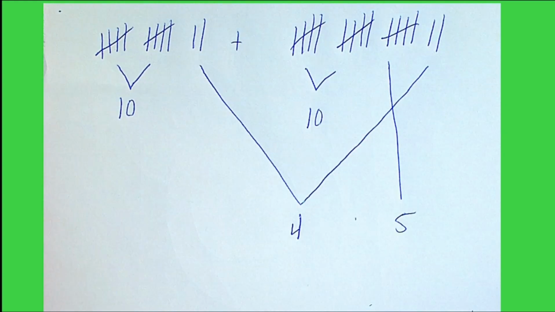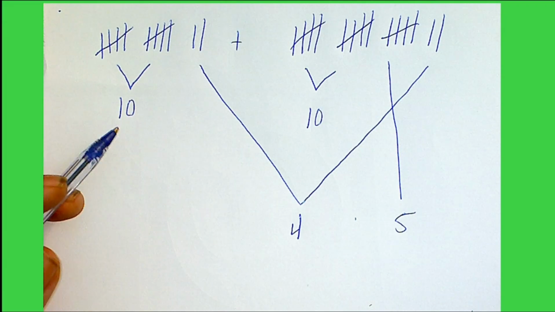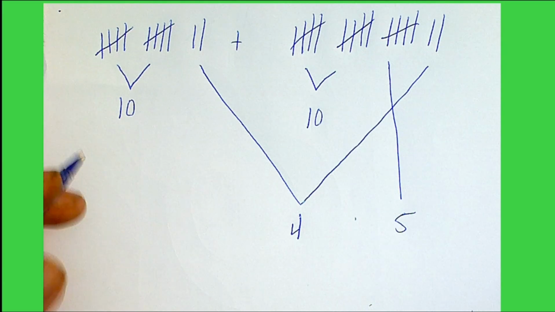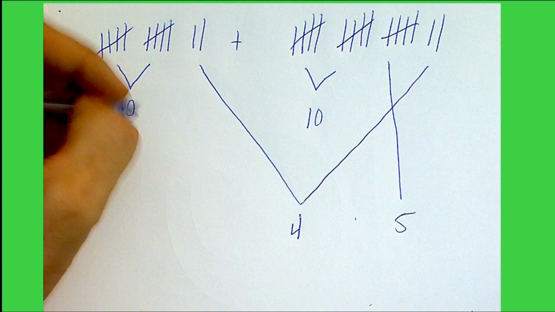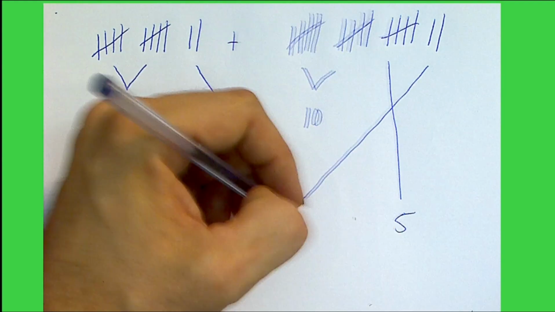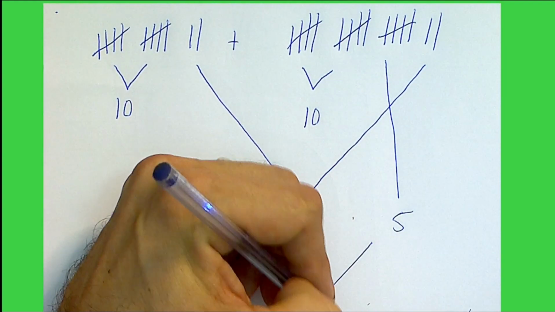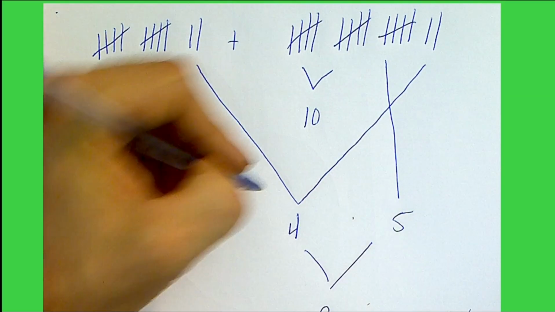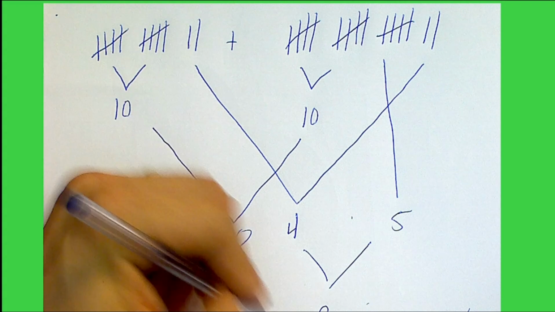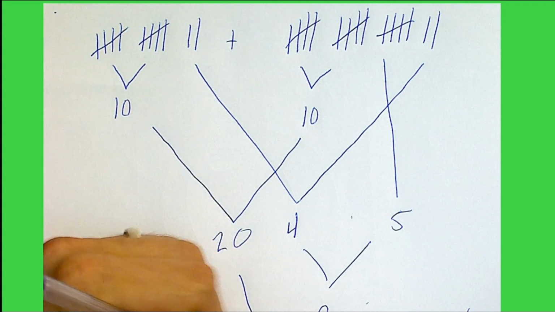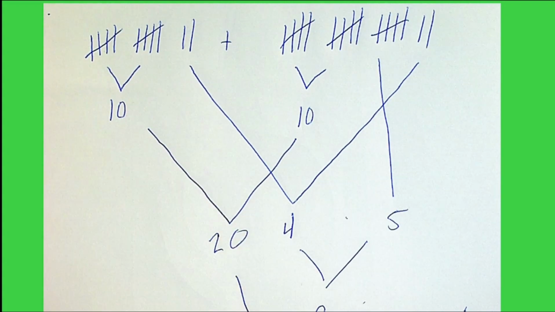And of course, there are many, many different ways of doing this type of math with this same type of constructive process. But ultimately, they can see that 10 and 10 is 20, 5 and 4 is 9, and 20 and 9 is 29.